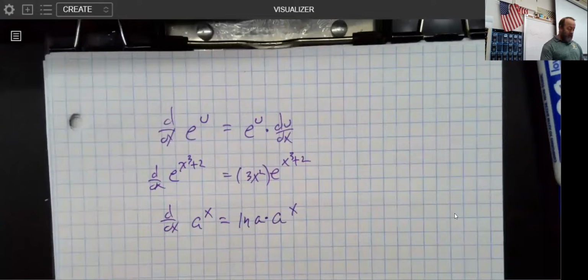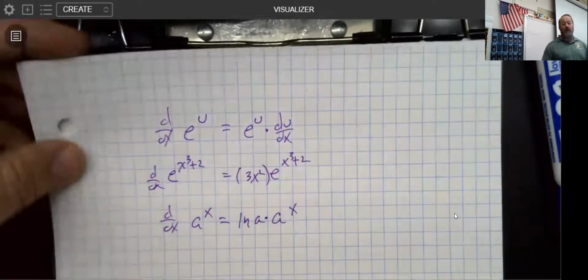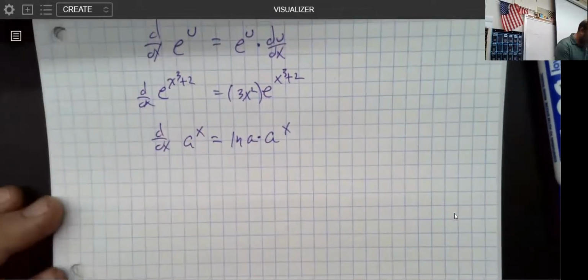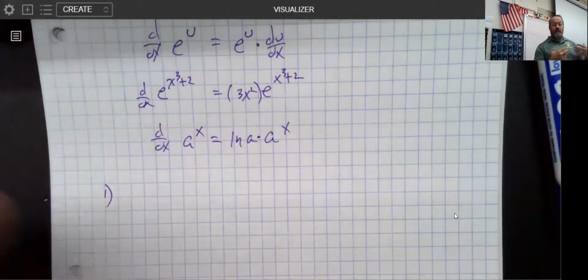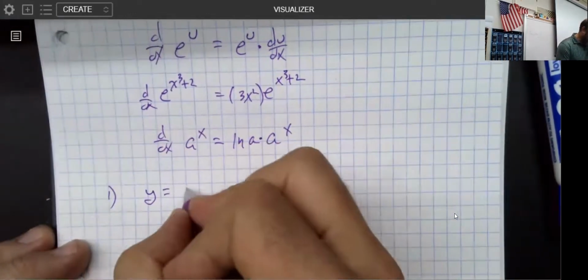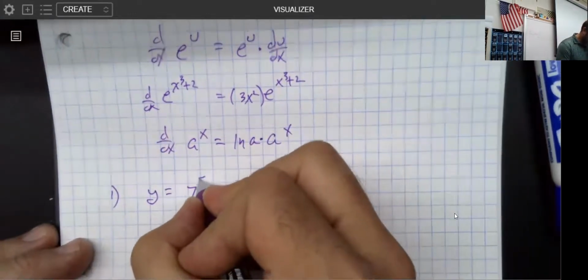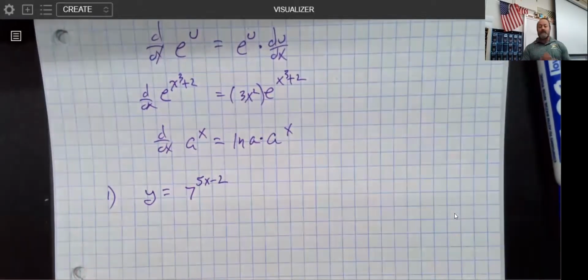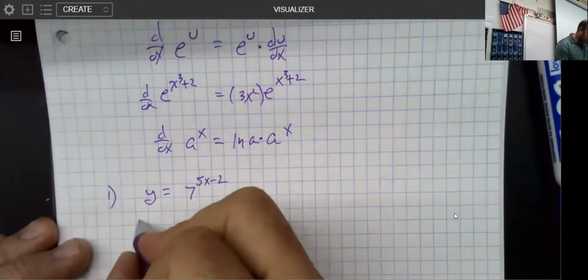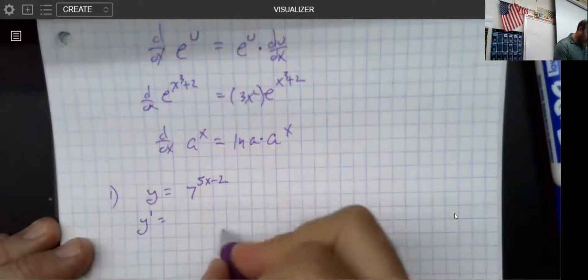Now, keep in mind, chain rule is still going to apply because it always applies, in the same way that PEMDAS always applies. Order of operations applies through all levels of math. In calculus, anytime you have a composite function, the chain rule is going to play. So a simple equation here: the derivative of 7 raised to the 5x plus 2.